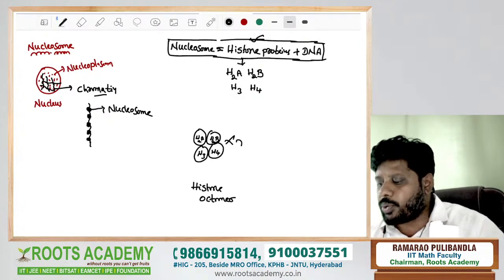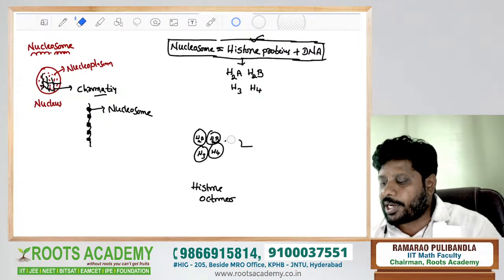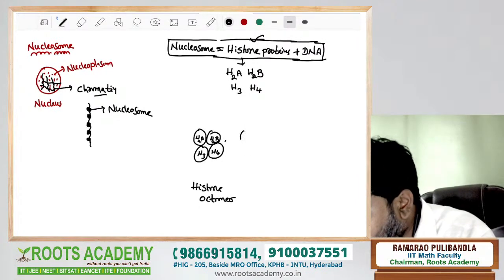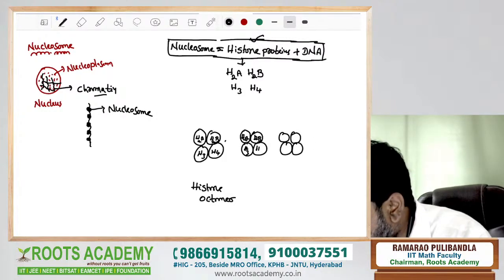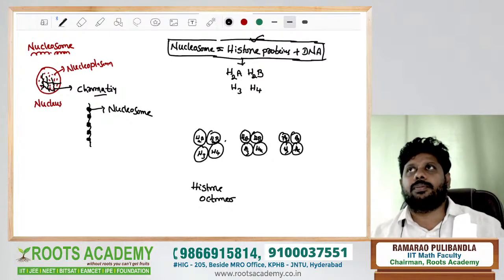So 4 into 2 is 8. Those 8 are collectively called histone octamer. This is one histone octamer. Just beside this, one more histone octamer is present, with the same H2A, H2B, H3, H4. Understood?